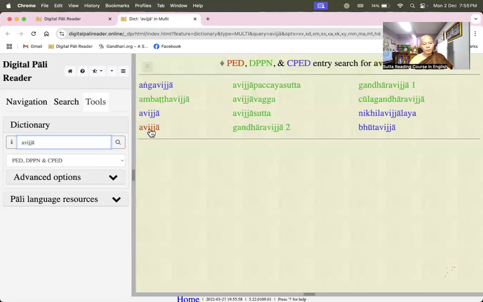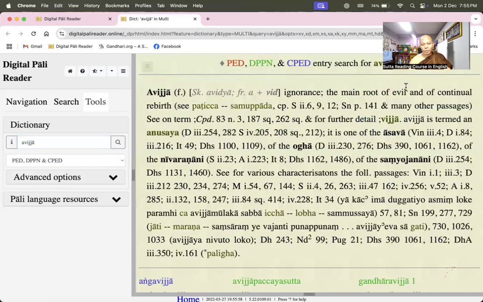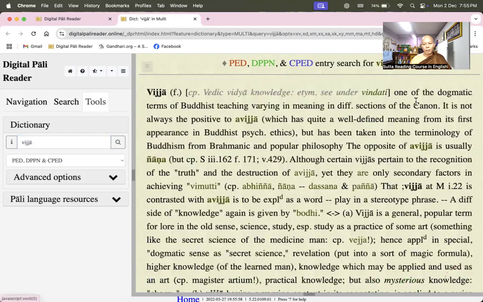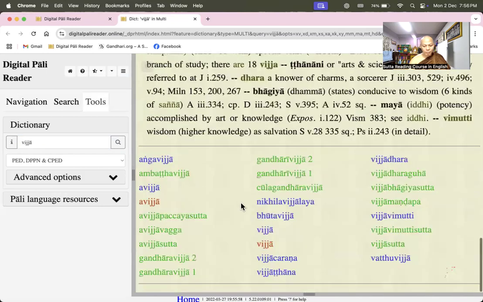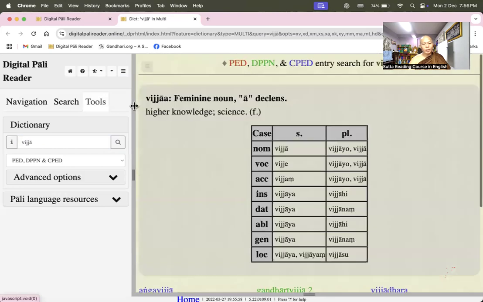And vijja is knowledge or wisdom. Vijja means higher knowledge or science. Yeah, higher knowledge.